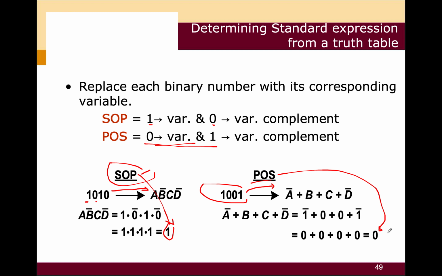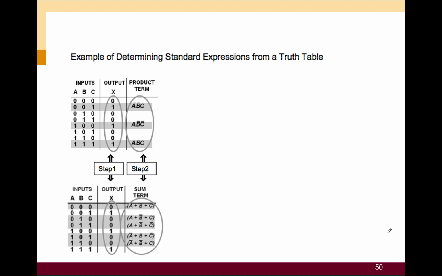So let's check another example of determining a standard expression from a truth table. In this question you were given the truth table, and you need to come out with the Boolean expression. So how we're going to do it: first step, you look into this part.